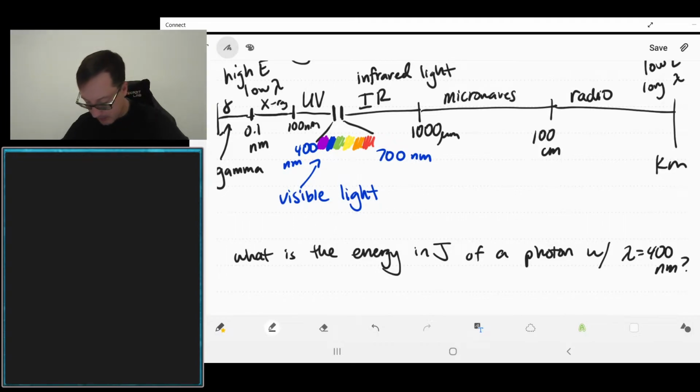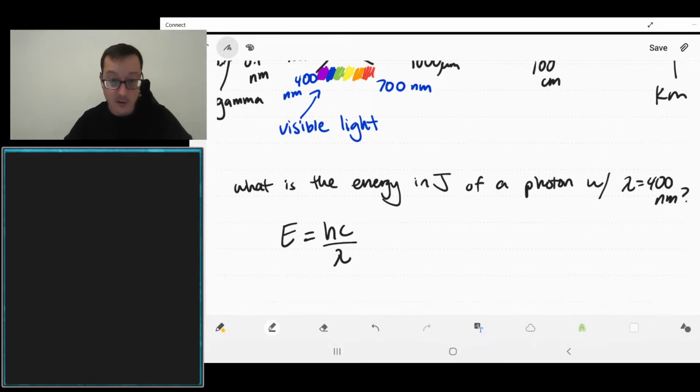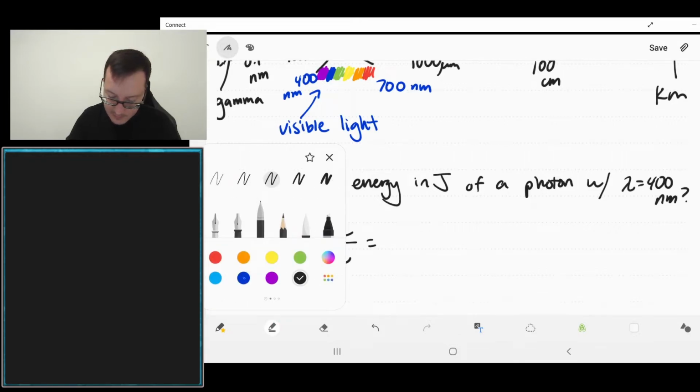So, energy we're looking for, we're given wavelength. So we're going to probably want to use the formula that has those two things. h and c are both constants. So if we want to do this, we'll write everything out.